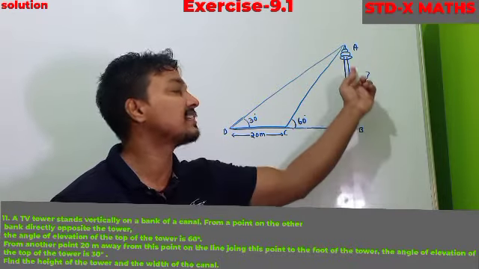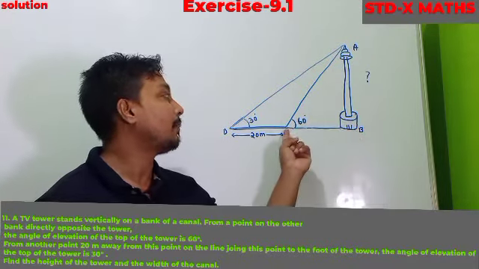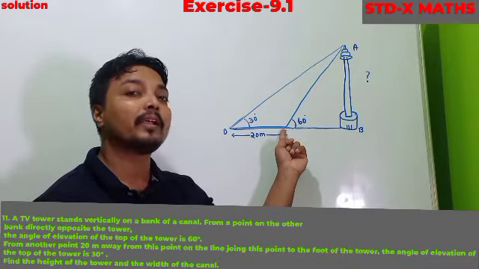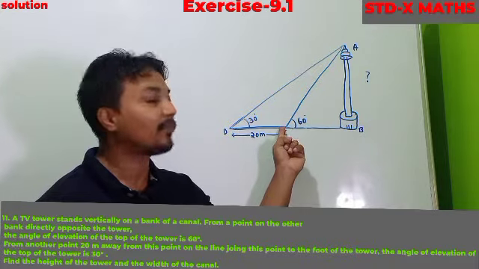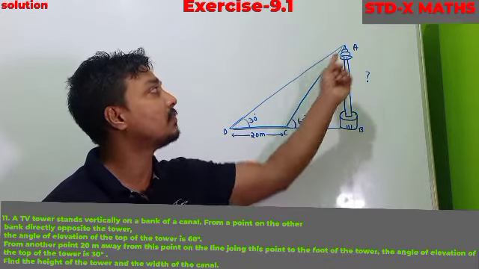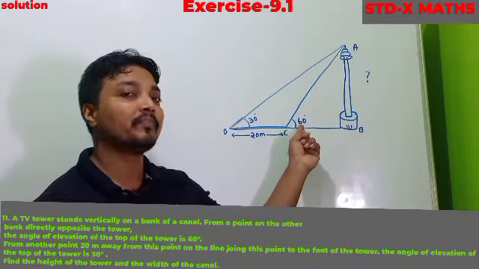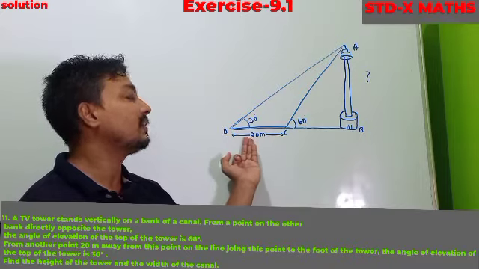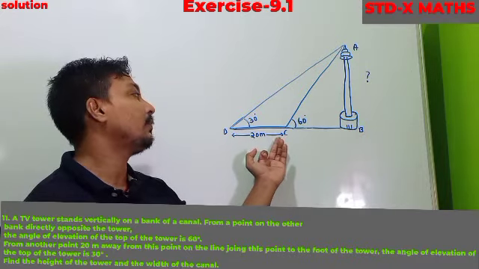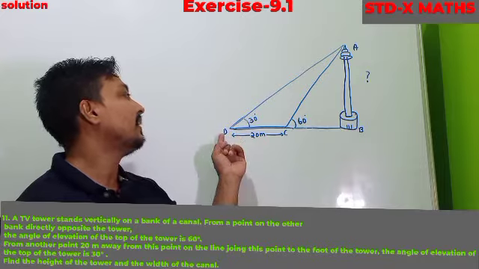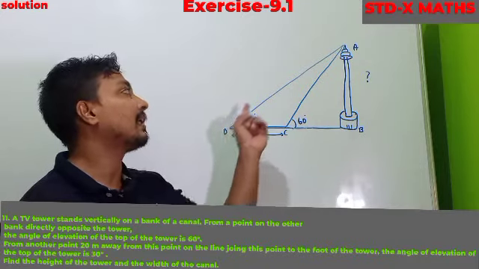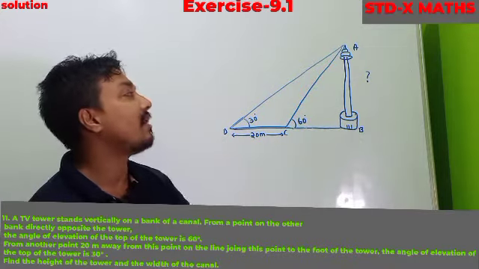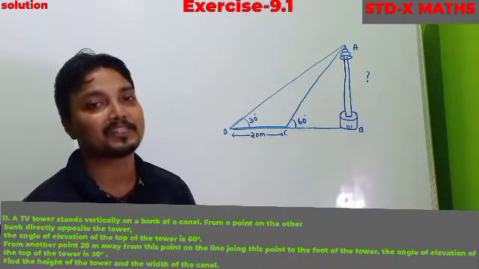On the other bank, at point C, the angle of elevation of the top of the tower is 60 degrees. From C, 20 meters away in the same direction, there is a point D from where the angle of elevation of the top of the tower is 30 degrees. We have to find the height of the tower.